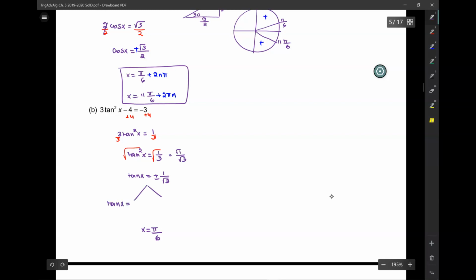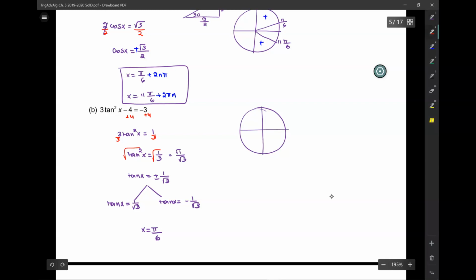Tangent of x is 1 over root 3, and tangent of x is negative 1 over root 3. Okay? Plus or minus means tangent of x is equal to positive 1 over root 3 and negative 1 over root 3. So let's go in our quadrants here.